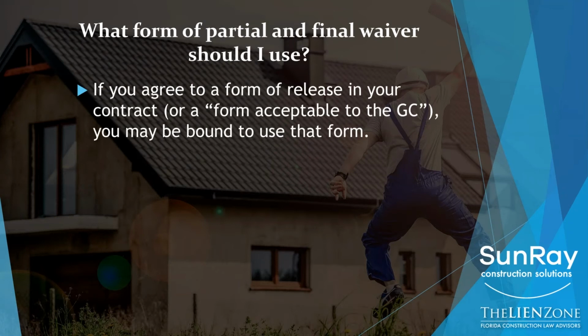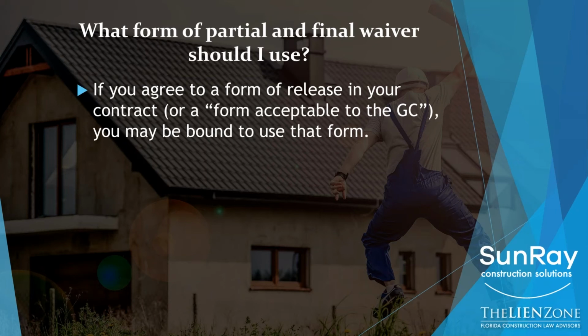So if you agree to a form of release in your contract, or your contract with the contractor says something like, you agree to provide a form that's acceptable to the contractor, then you may be bound to that form.